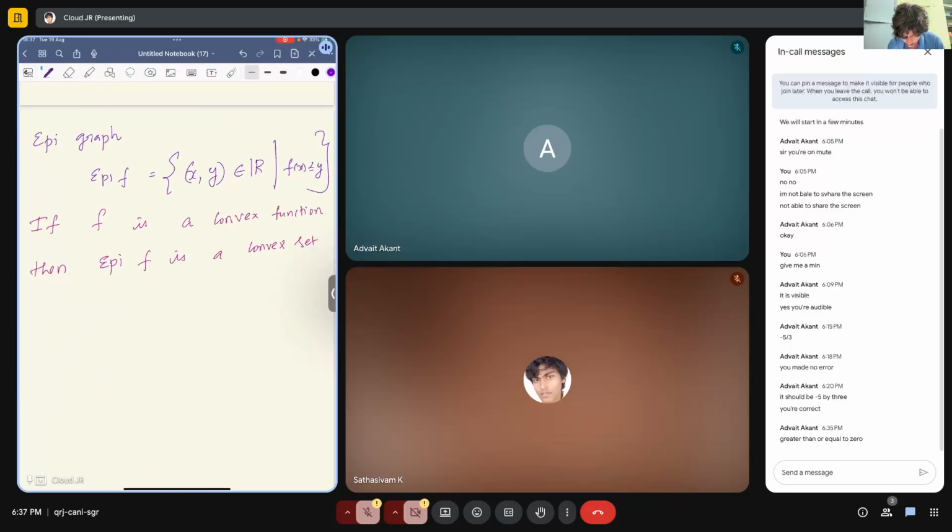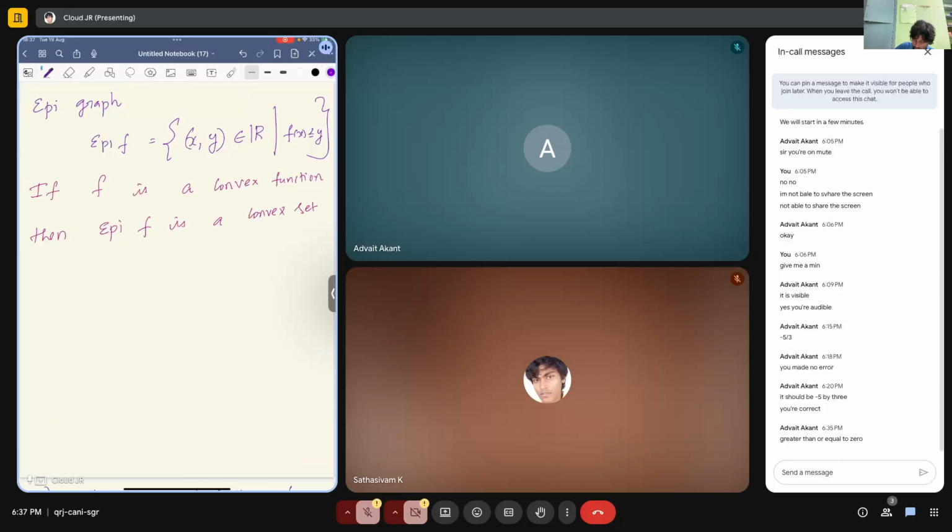Okay, let's move on to this one. So we have also done something called the epigraph, right? If you have a convex function here, the epigraph is basically this region. It's the set of all x comma y in R square, not R, such that f of x is less than or equal to y.